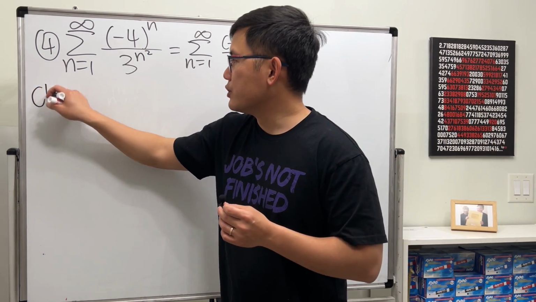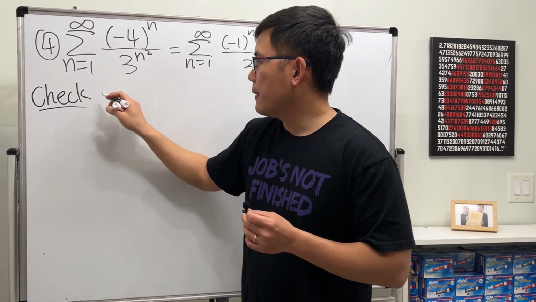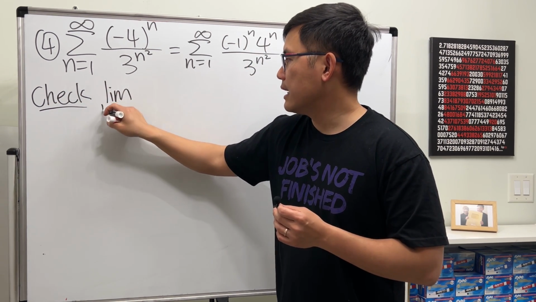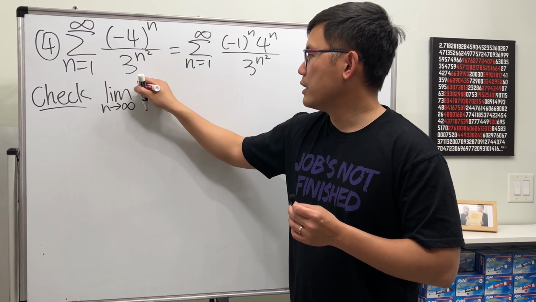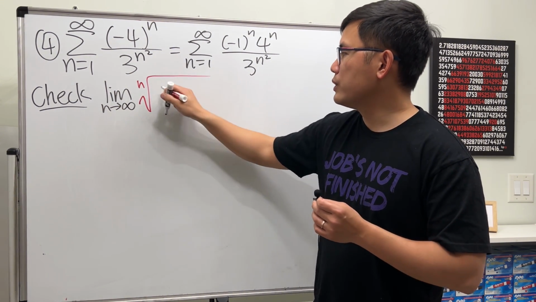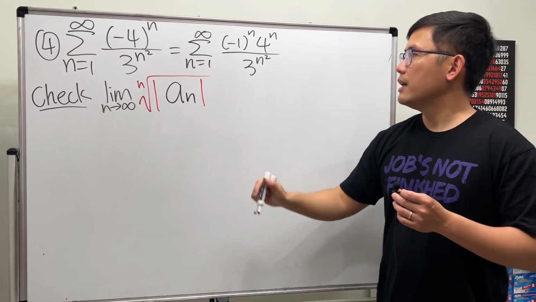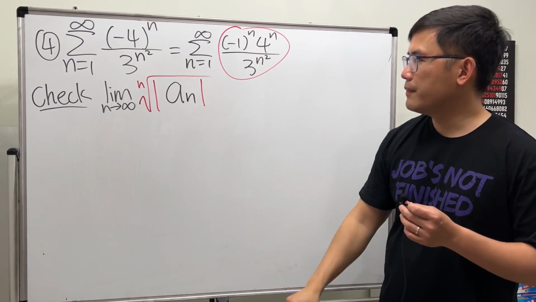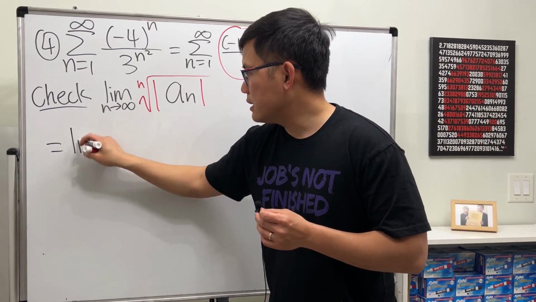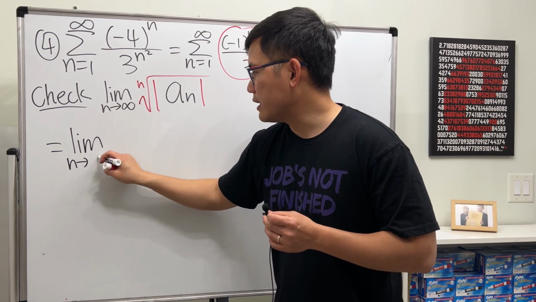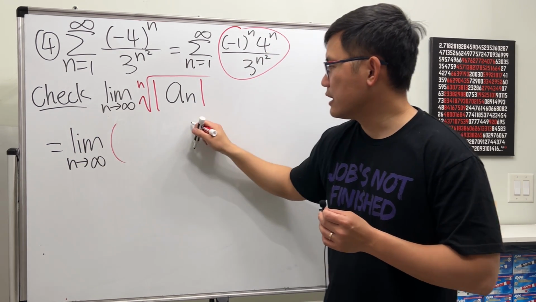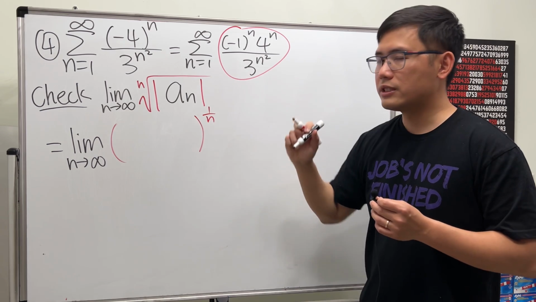Here we go, we are going to check the limit as n goes to infinity, the nth root along with the absolute value, and then we put the a_n inside. I'm just going to write this down for a_n. So this is the limit as n goes to infinity. The nth root is the same as the 1 over n power on the outside here.